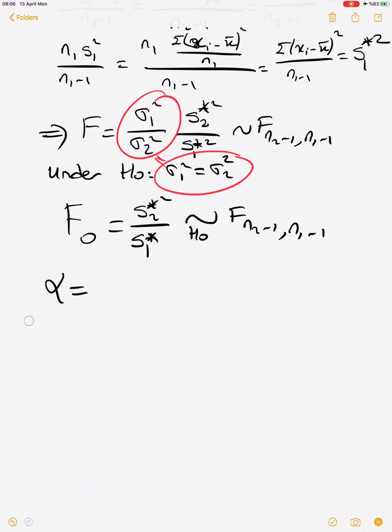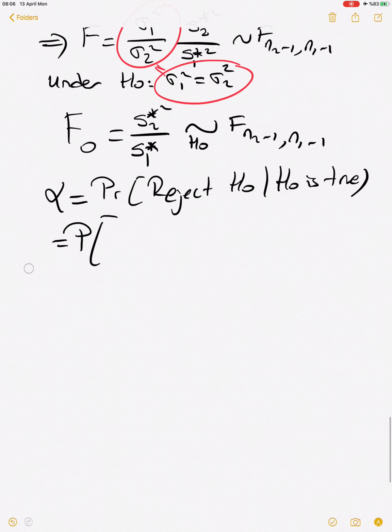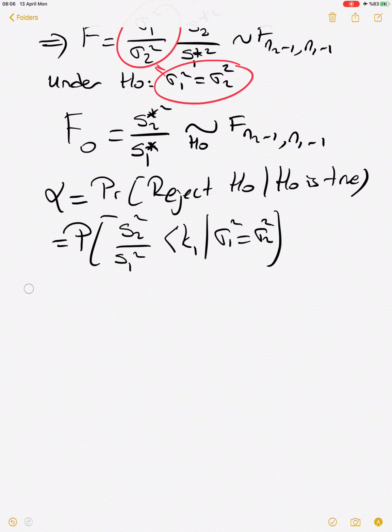Let's use the definition of type 1 error, which is reject H0 where H0 is true. What is the probability that S2 squared over S1 squared, these are all capital random variables, is less than K1, plus S2 square over S1 square greater than K2, again under sigma 1 square equals sigma 2 square?